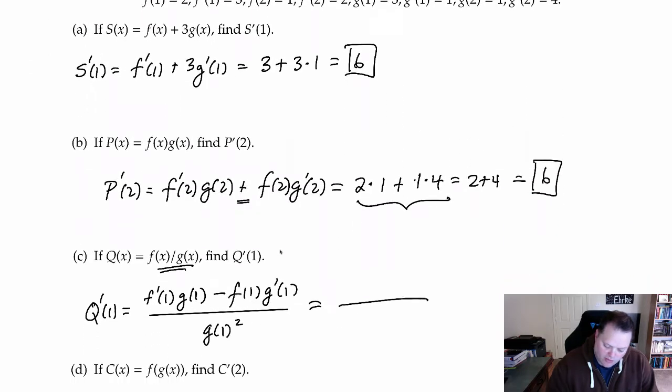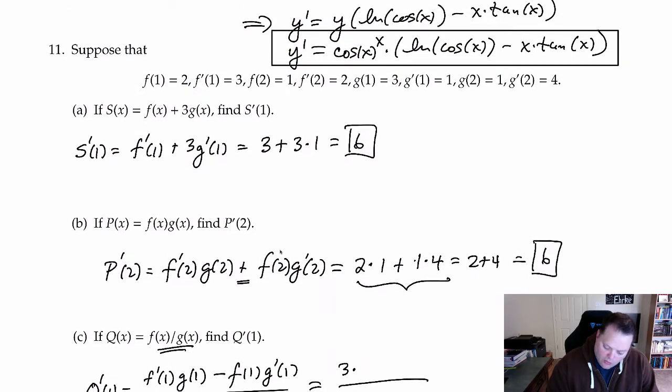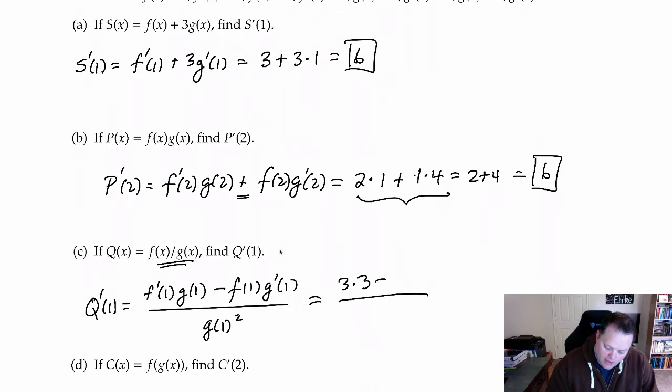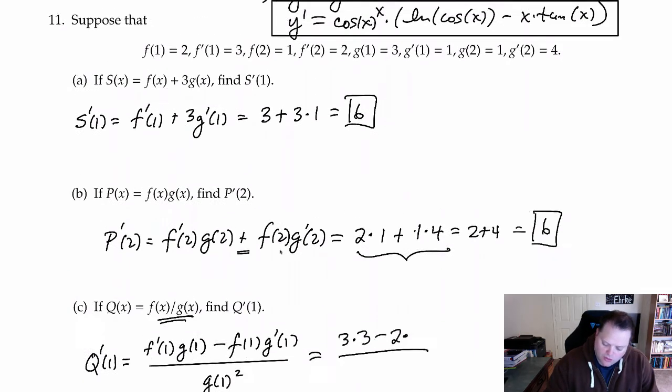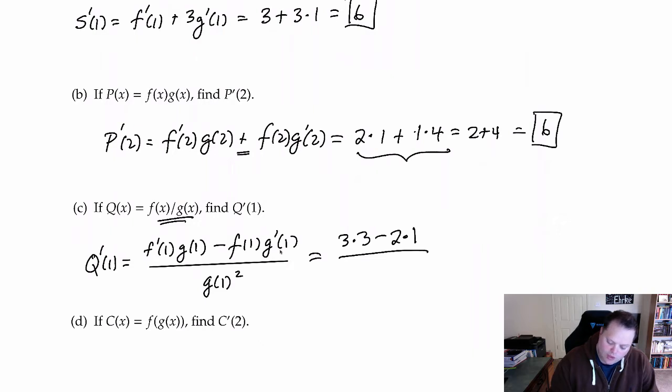All right, so f prime of 1 is 3. G at 1 is 3. F of 1 is 2. And G prime of 1 is 1. G of 1 is 3, so it's over 3 squared.